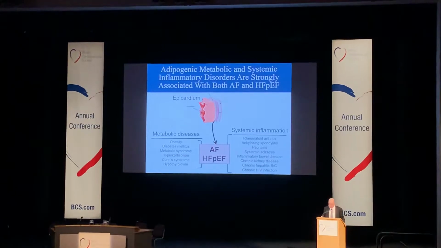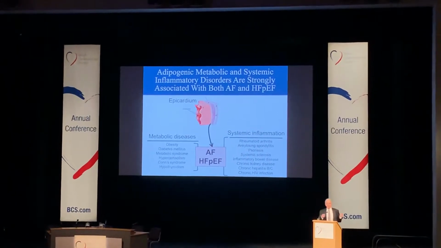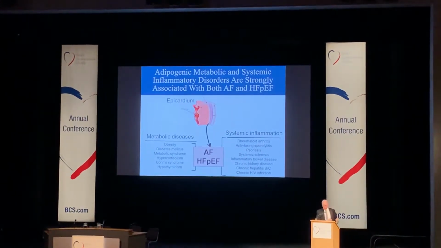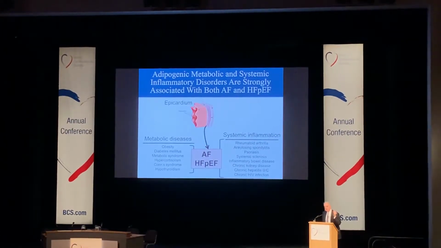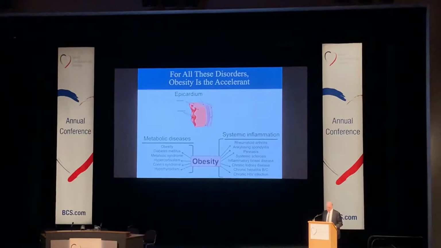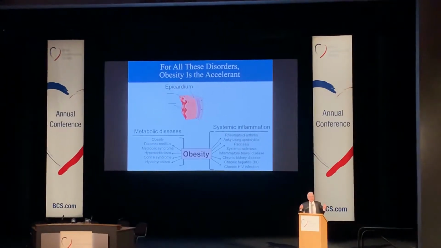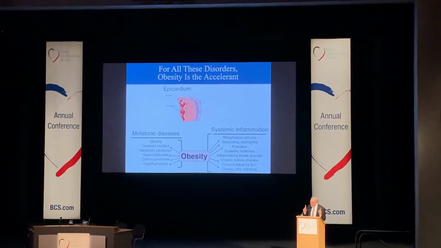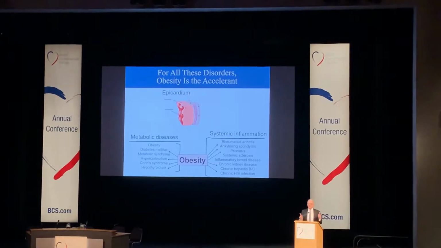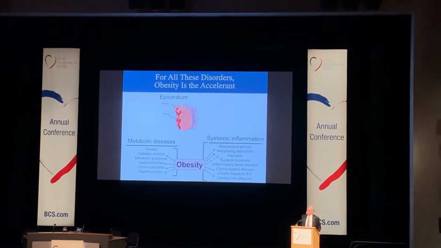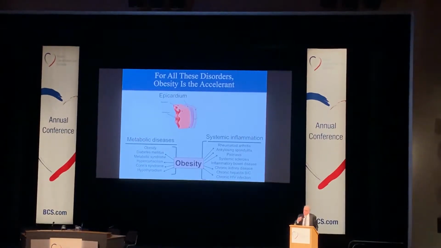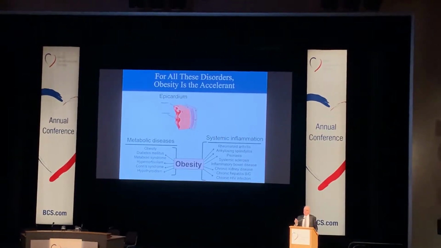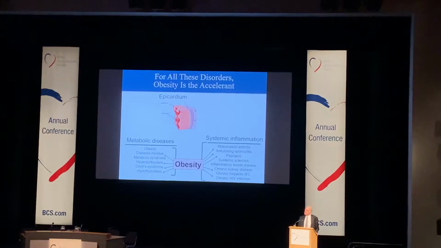All of these diseases are characterized by an increase in both an atrial myopathy and a ventricular myopathy. But one disorder is the major accelerant. One disorder makes everything worse, and that's obesity.